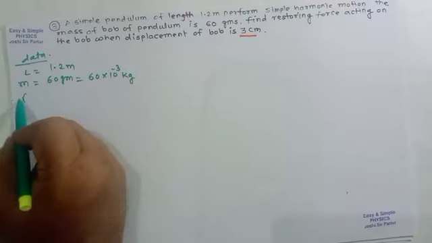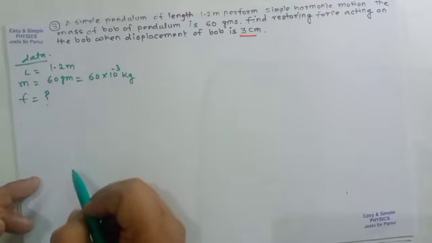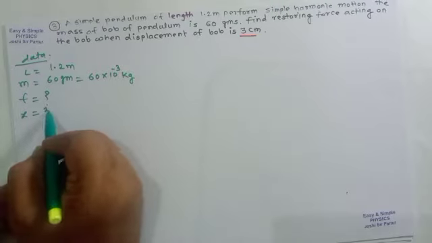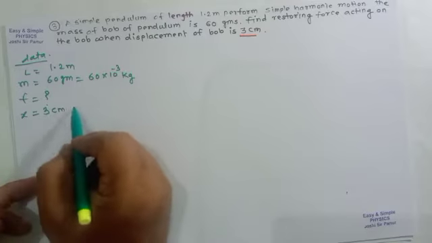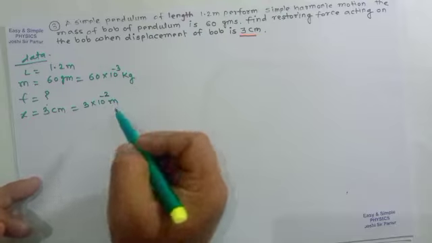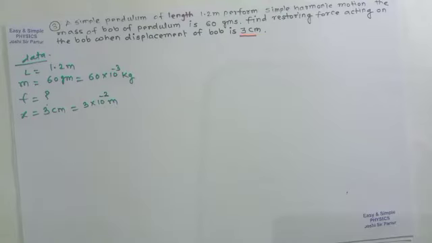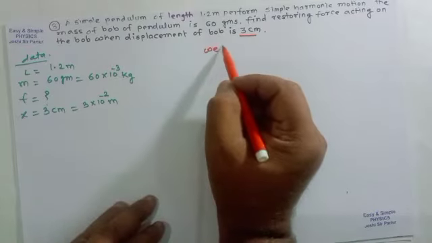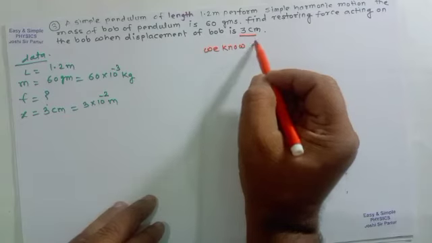We can find out force or restoring force acting on the bob when the bob is displaced. So displacement from mean position will be 3 centimeter. It is 3 into 10 to the power minus 2 meter. In such examples, we solve by using the definition.